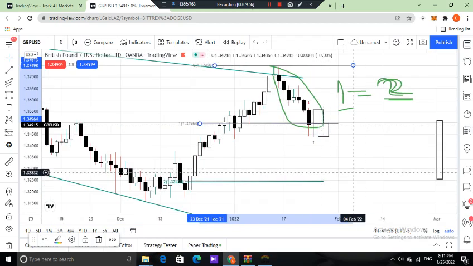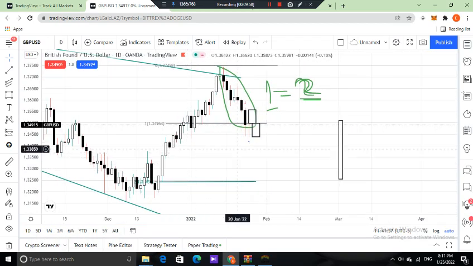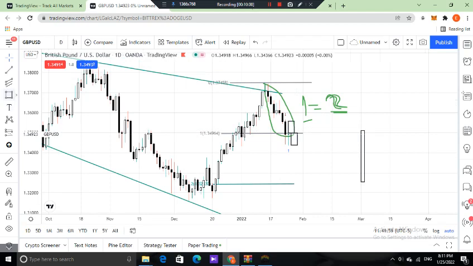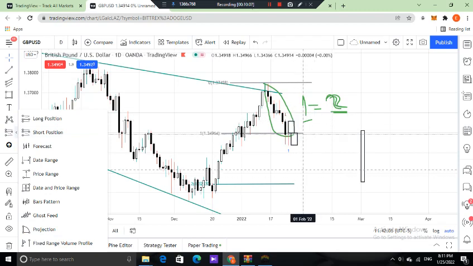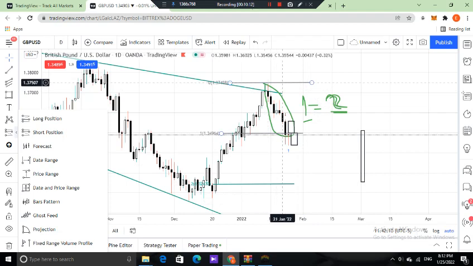So if you want to set a limit order, you can set your entry point at this level, your take profit at this level, and put your stop loss above this. It's an acceptable risk to reward, and it has a good probability.